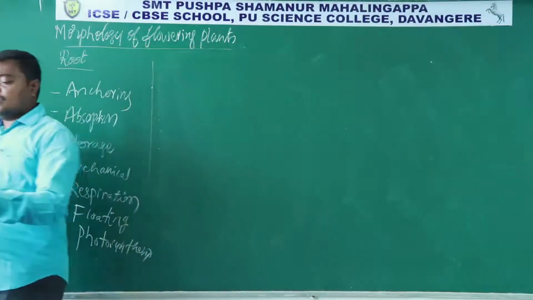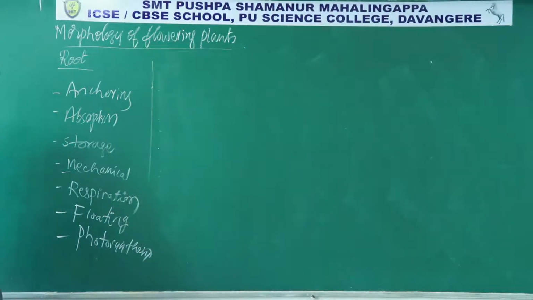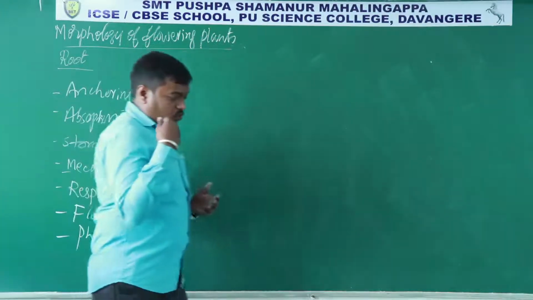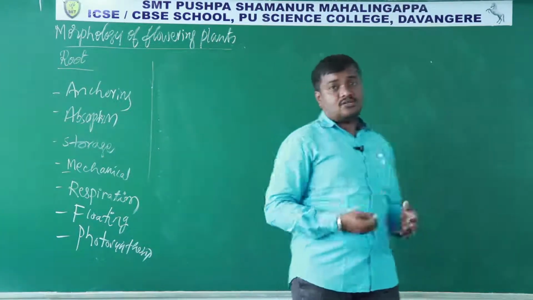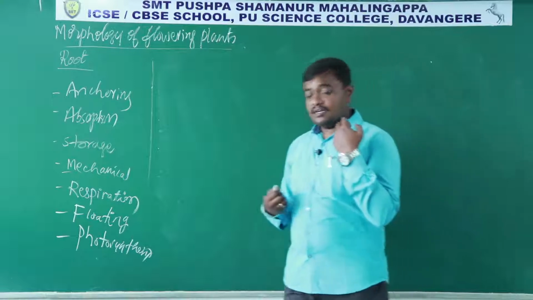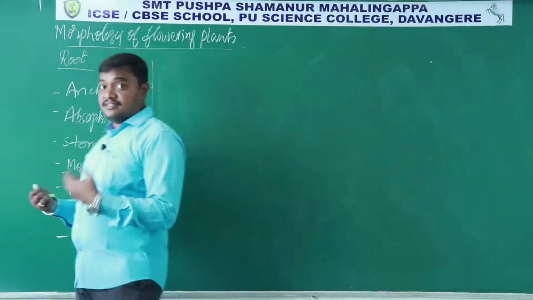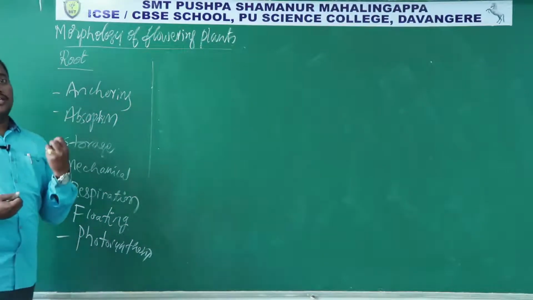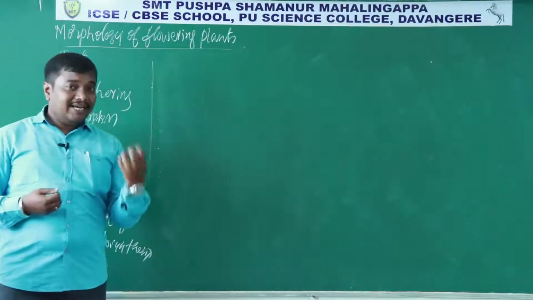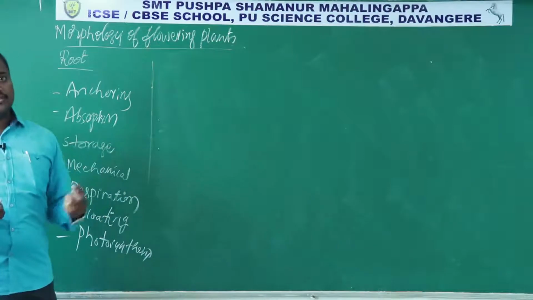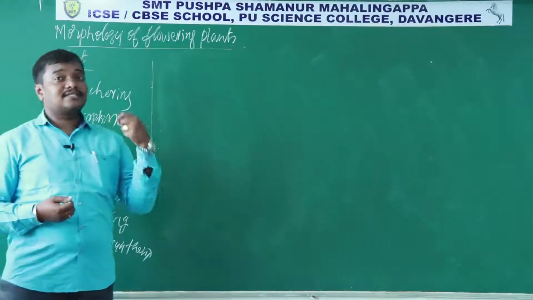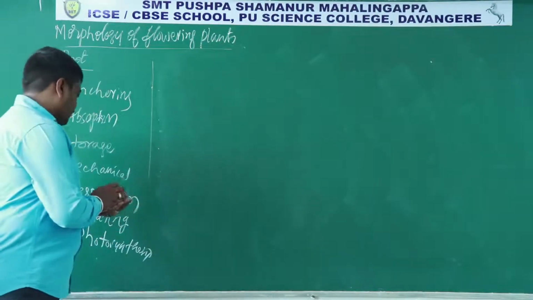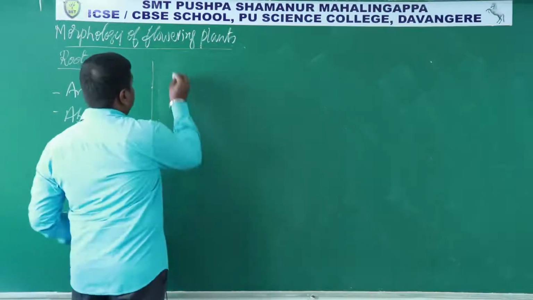Since the roots grow inside the soil, they are not exposed to sunlight, so there is no synthesis of chlorophyll in the root cells. But in some plants, specialized roots synthesize chlorophyll and appear green in color. So called a photosynthetic root.